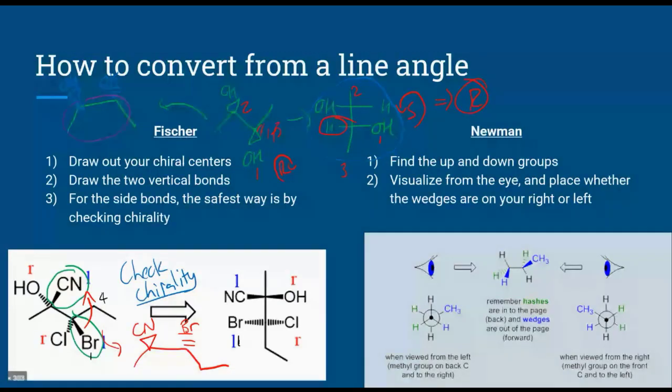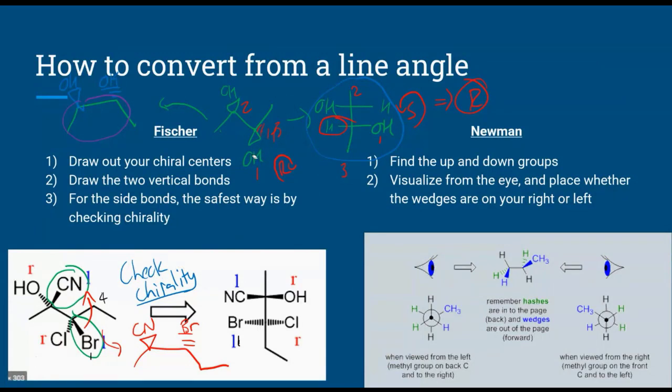Does everyone get that? Oh, I'm sorry. I just have a question real quick. I remember my TA said, if you're on the right, the wedges will be on the right, and the left side will be dashes on the left. Is that right?